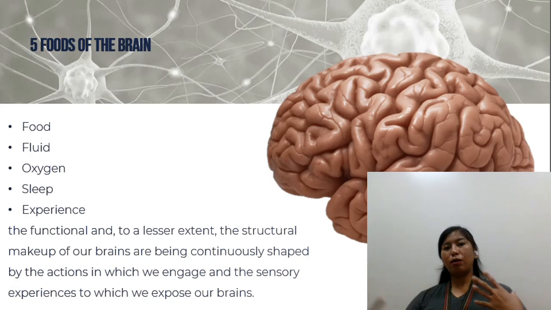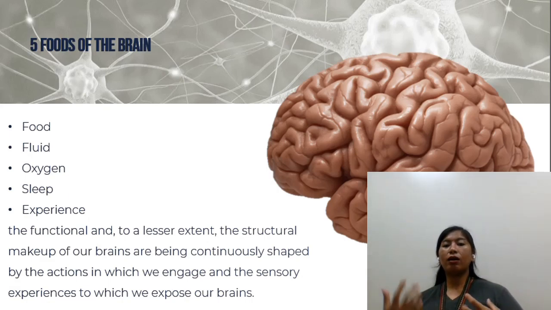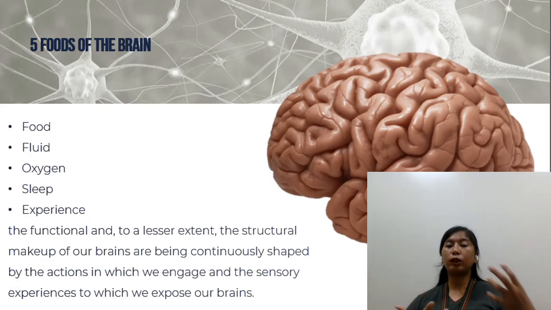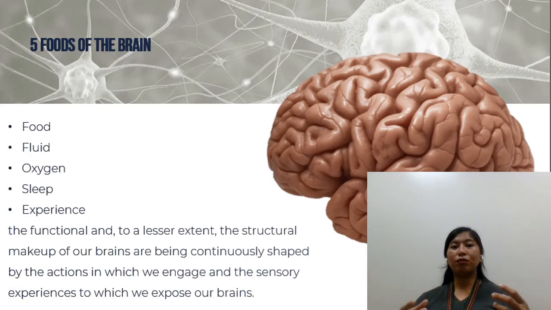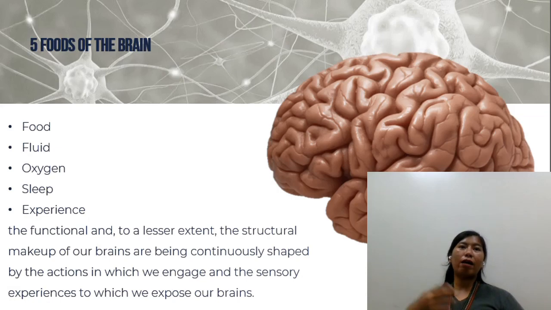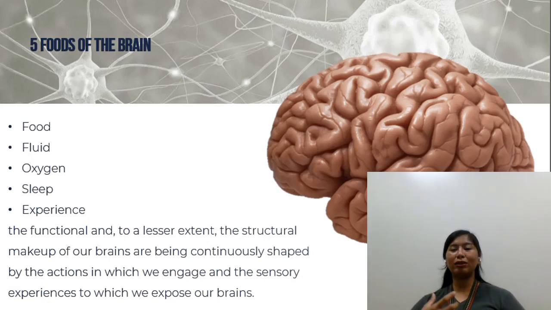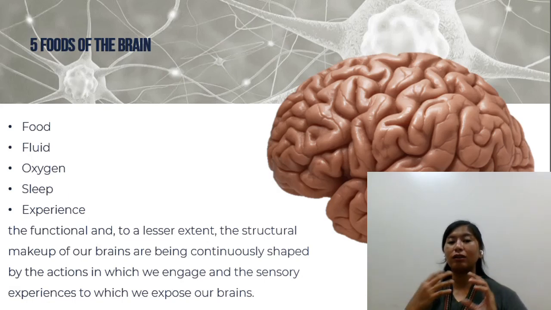In terms of the metabolic costs of the brain, the first three right here, the food or the glucose, fluid, and the oxygen it is consuming, as mentioned earlier, has to be physically or physiologically sustained. And as part of the lifestyle helping our brain operate, its metabolic costs can also include sleep.